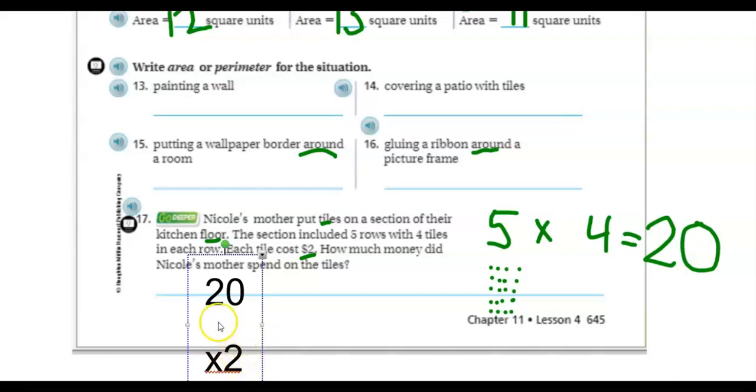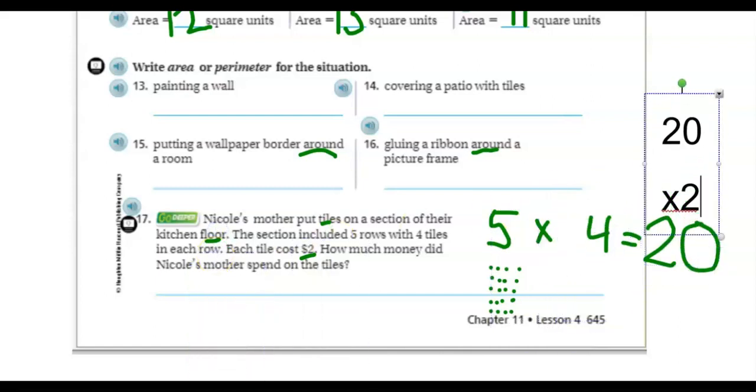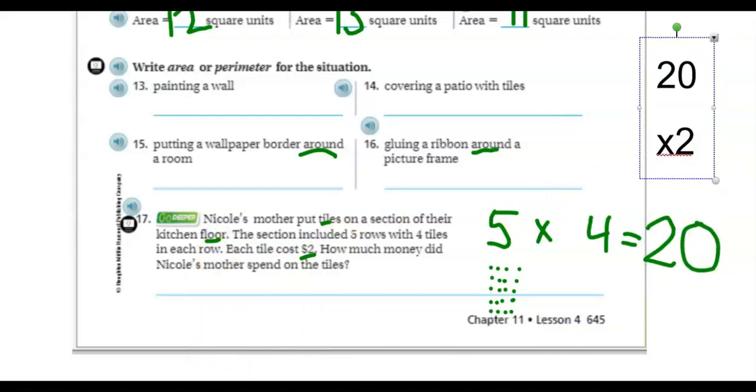So if you multiply, and I'm going to move this up, move it right over here. So if you do 2 times 0 equals 0, and then we know we do the ones column first. 2 times 0 is 0.